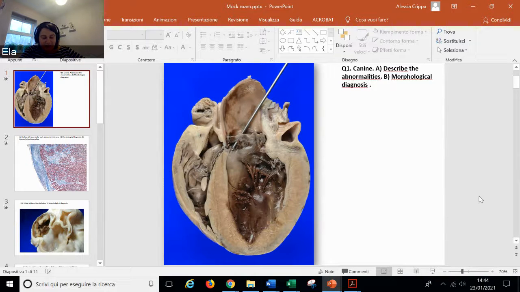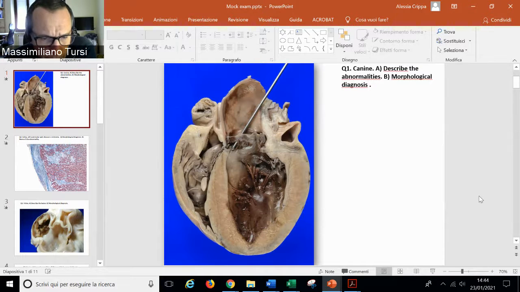I didn't write much there, to be fair. I just wrote that it's the aortic lesion, but I didn't write that it's ulcerative or erosive. So I didn't recognize it, and I only recognized the dilation of the left ventricle. Okay, perfect.